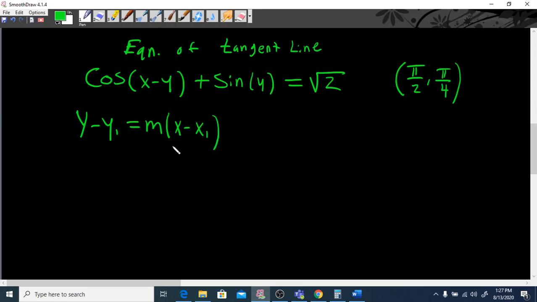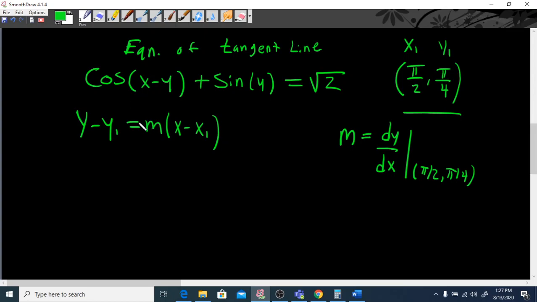Basically, if you know one point, which we have here, this is x1, this is y1. All we need is the slope, and let's remember, the slope is the derivative evaluated at the point. In this case, it's the derivative evaluated at pi over 2, comma, pi over 4.